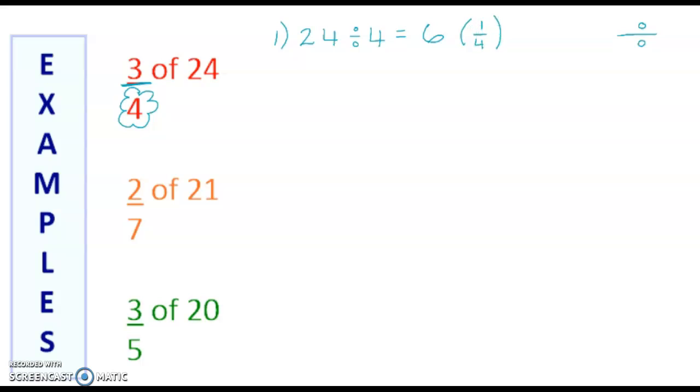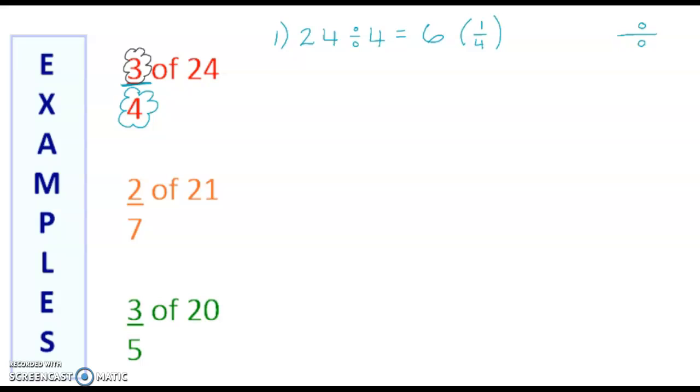But I don't want 1/4 anymore. I want 3/4. So if I know 1/4 is 6, how do I work out 3 of them? Perfect.